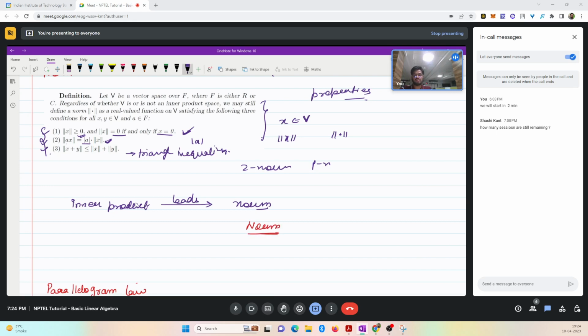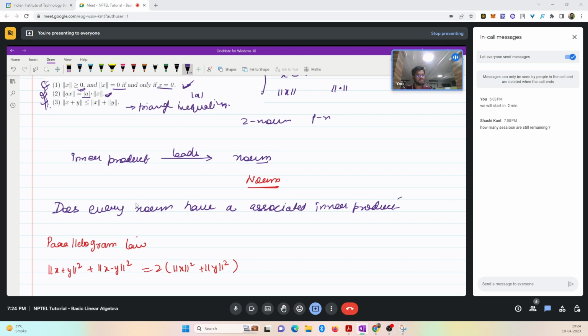Now the question is, does every norm have an associated inner product? So the question is, if you just defined a norm using these three properties, is it necessary that you have an inner product in the back end so that that inner product will lead to this norm? Okay.